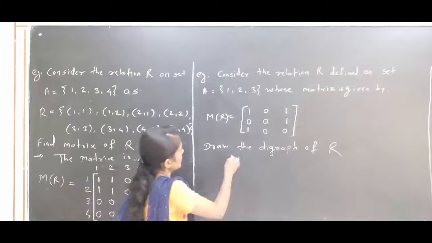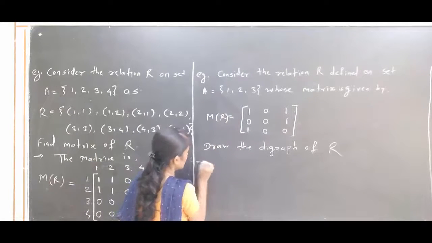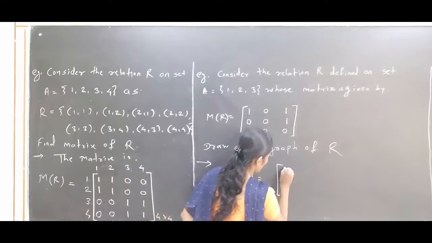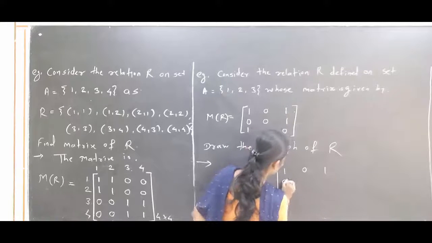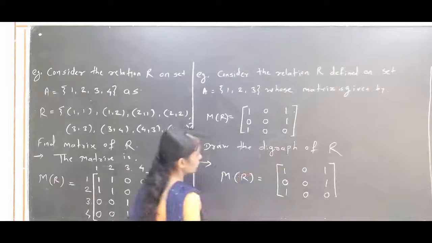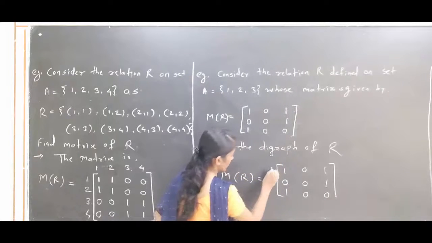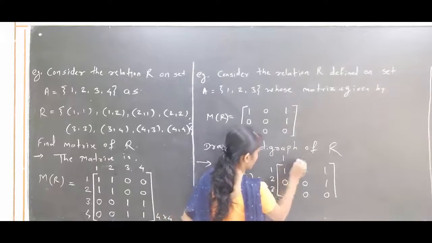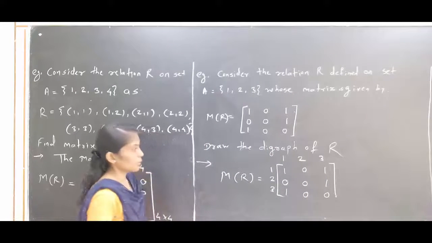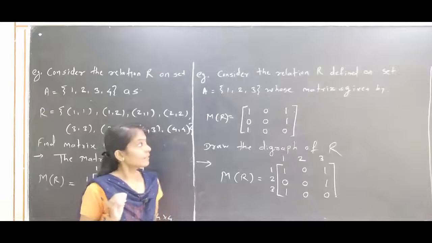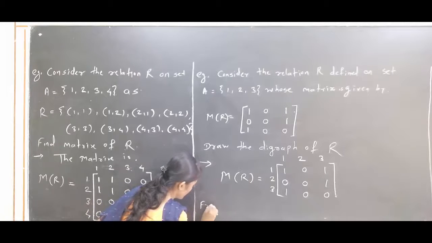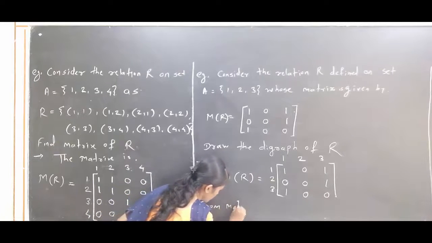So first of all we rewrite the matrix M of R equals to [1 0 1; 0 0 1; 1 0 0], and here we write the elements of row as well as column. Now we want to first find the relation from the matrix.